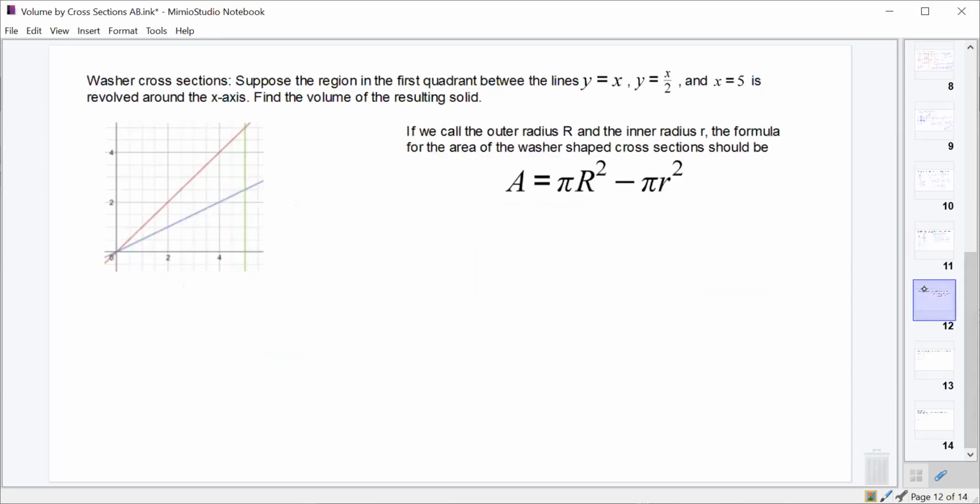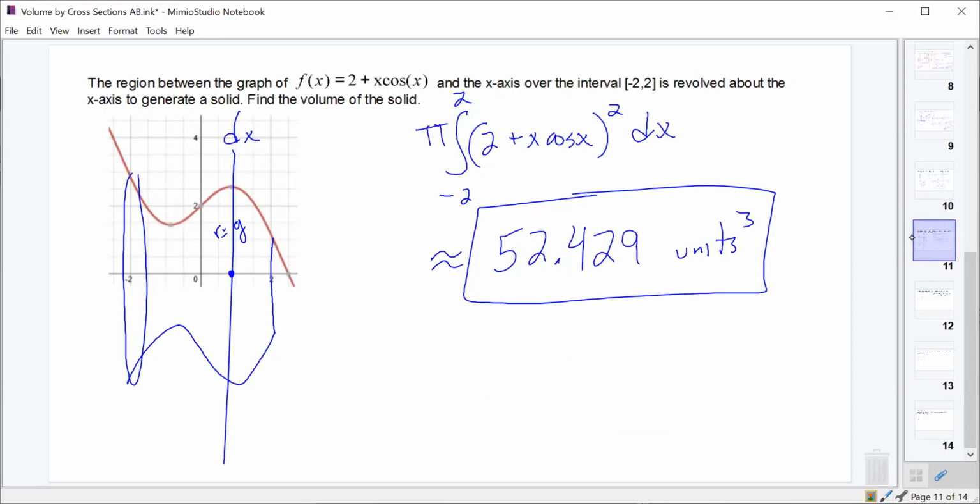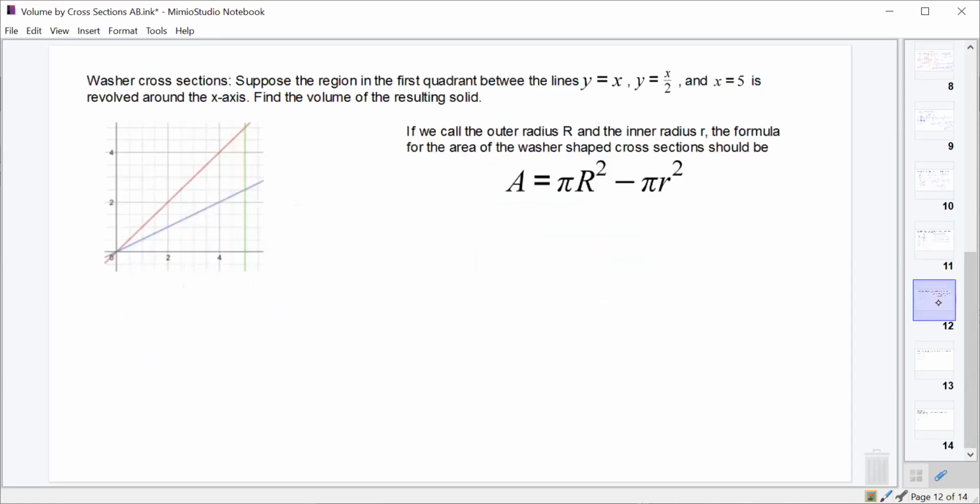So here's what I was talking about a minute ago, where we get these cross sections that are washers. I think you'd all probably agree that those are pretty straightforward, hopefully. Revolve it around, pi r squared, that's the cross section. But if we have a region that we are revolving around an axis that is not fully pushed up against what we're revolving around, so here's my region, and I'm revolving it around this x-axis, I'm going to get this sort of V-shaped three-dimensional object.